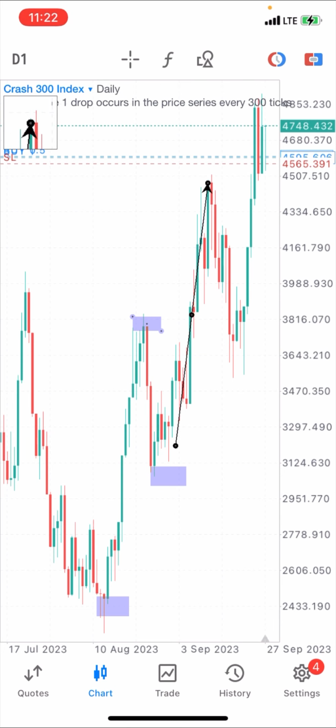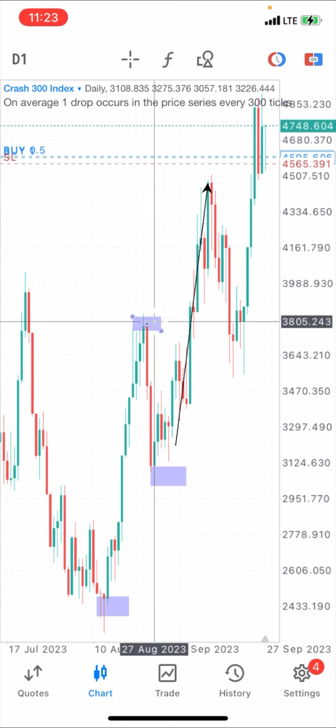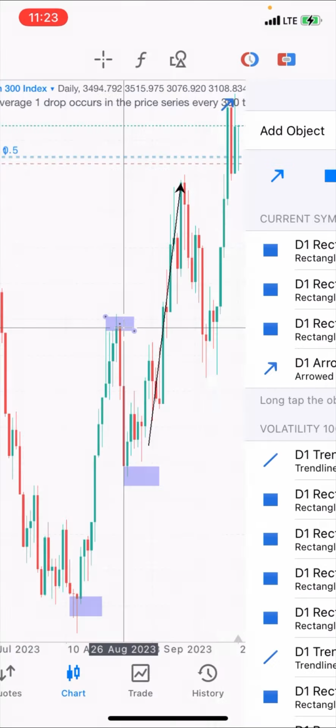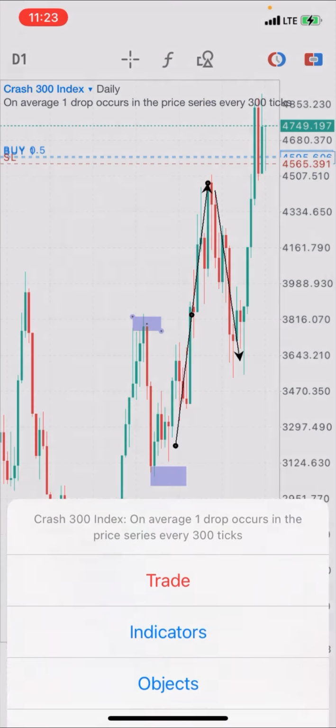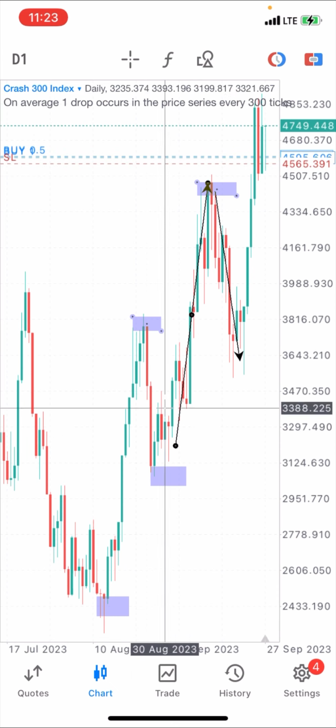Boom. And then what happened after it reversed again? This time it went beyond the first structure that it created here. Then it pulled back again from the next point, and you can see there is another structure right above the first one.